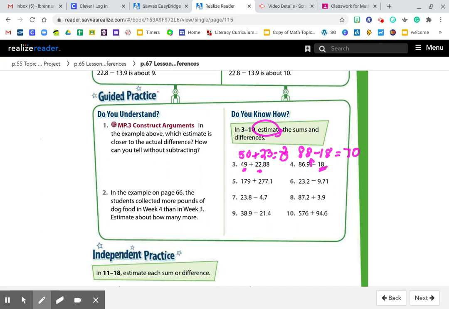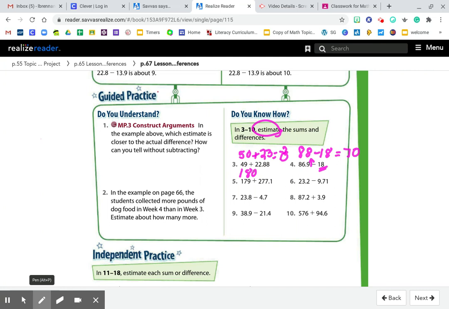So for number 5, I think I'm going to go with, let me get that out of there. For number 5, I think I'll go with the 180. I definitely don't like 179. That's tricky to work with. And for the 277.1, let's see, what do I want to go with for that?